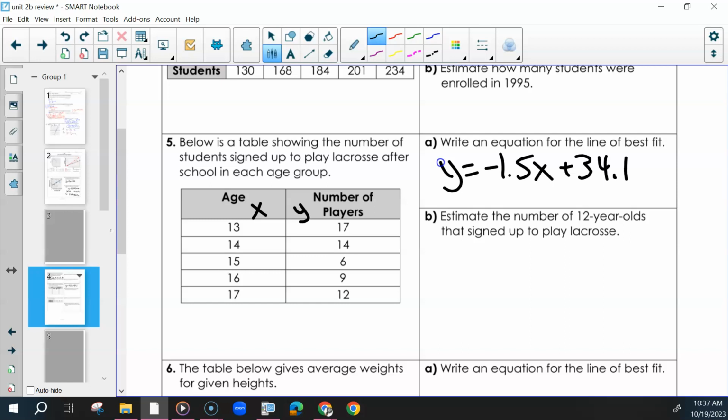We need to estimate the number of 12-year-old girls that signed up to play lacrosse. So if we were to put 12 in for x, you can do that one of 2 ways. Either put 12 in here and put that into the calculator, or store 12 as x.